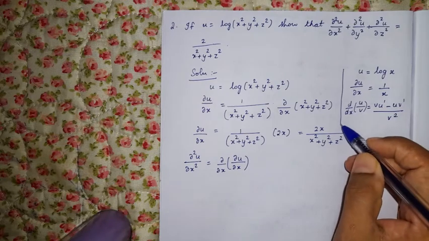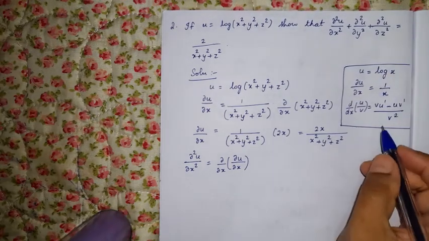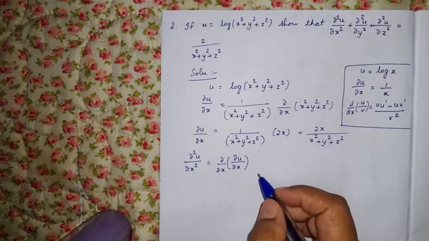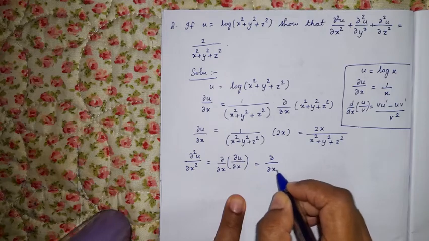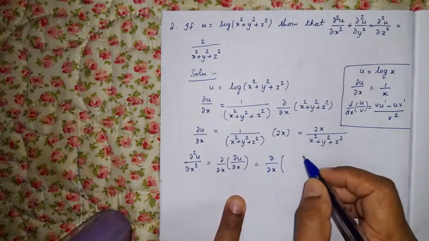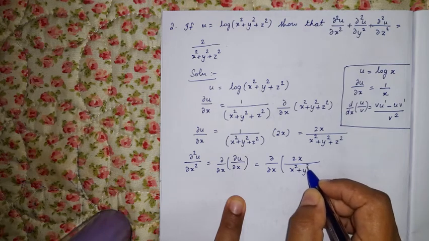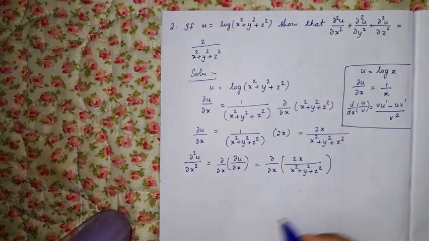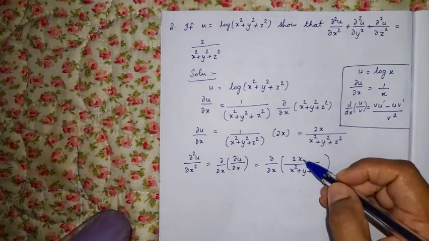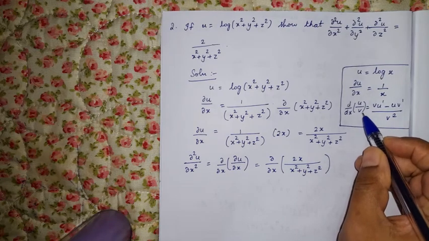So these are all the formulas. You can use this formula here. So you have ∂/∂x of 2x divided by (x² + y² + z²). This is u, this is v.